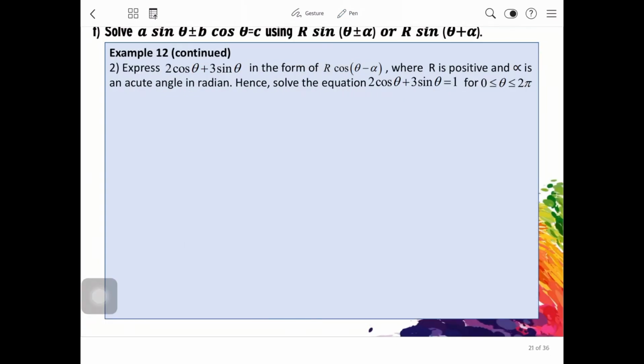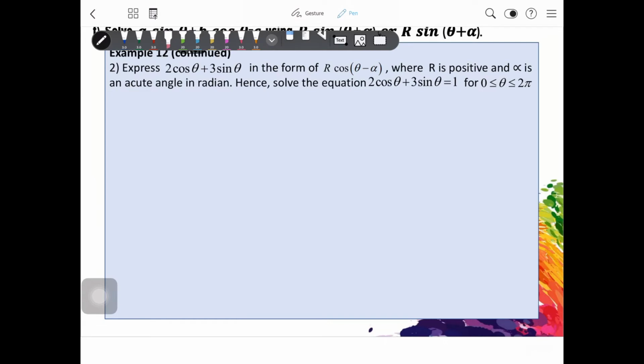The next one I'm going to do is to find the value of R. So we will have the equations just now. 1 square plus 2 square, we will get R square cos square alpha plus R square sin square alpha is equals to 2 square plus 3 square.